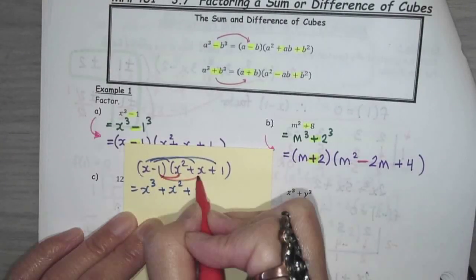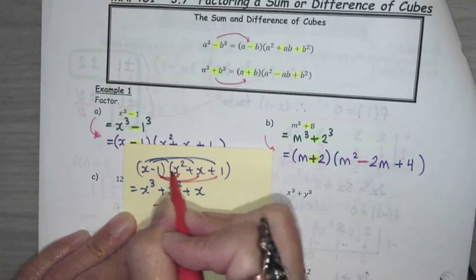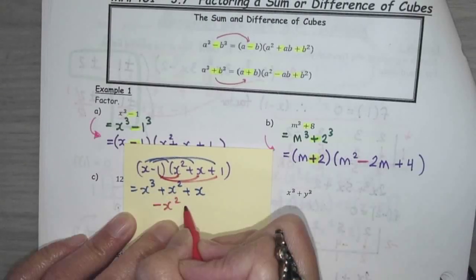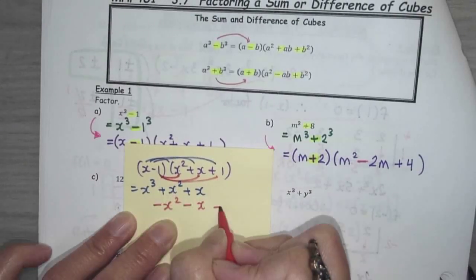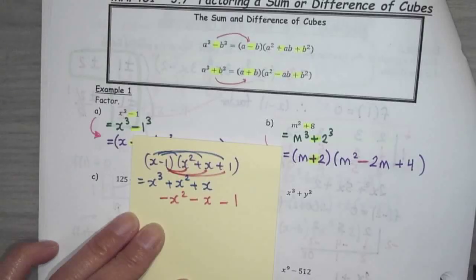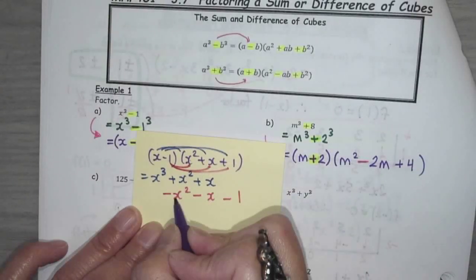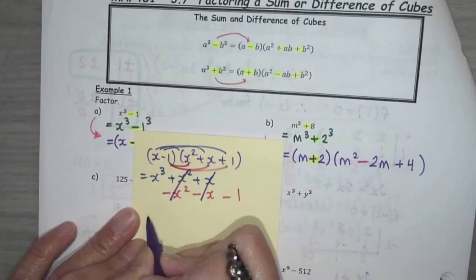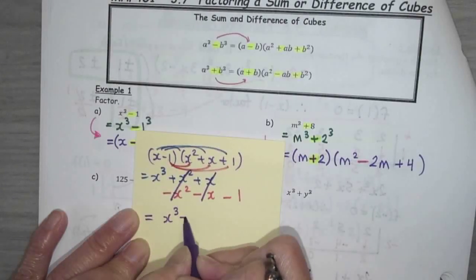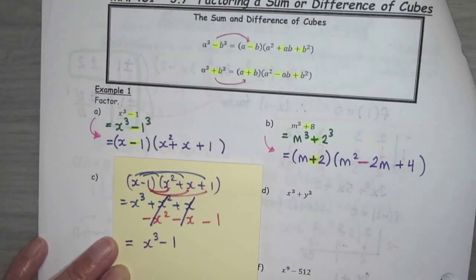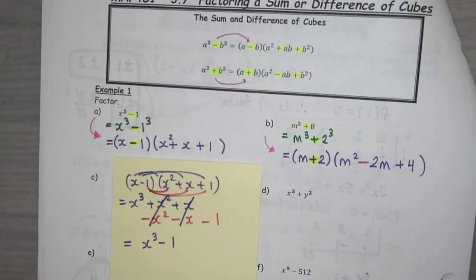And then this one, this one, this one. So minus x squared minus x, and then minus 1. What happens is that the positive x squared and minus x squared cancel, and plus x and minus x cancel, so then you're left with x cubed minus 1. So that's why. You should be able to expand and collect and then see that it ends up being the beginning again, right? And again, that's the pattern they found.